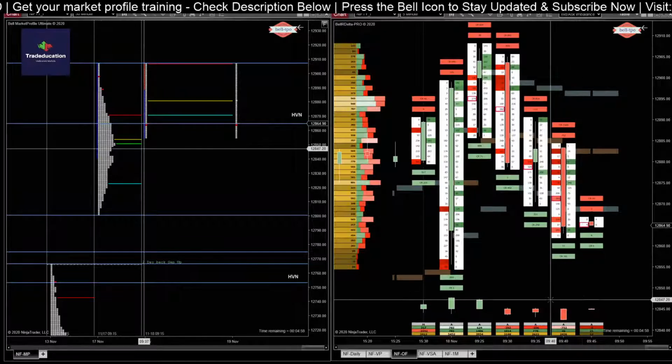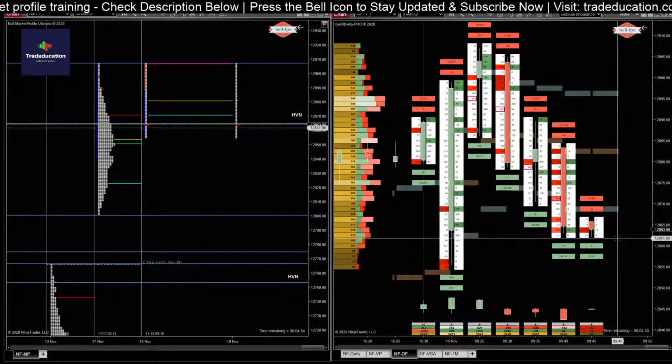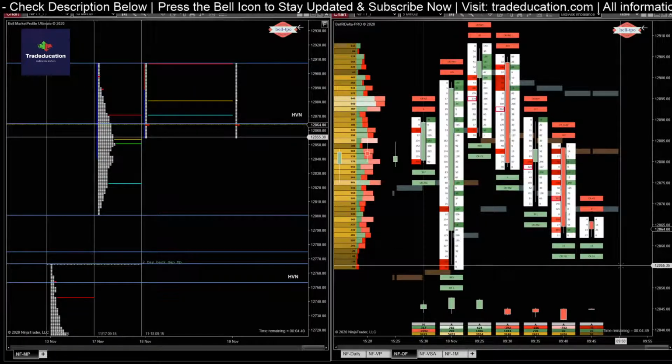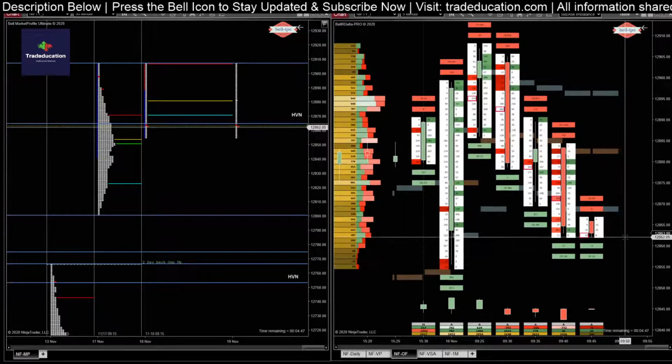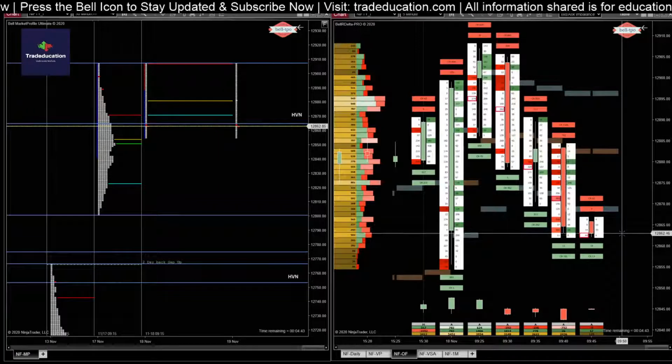Okay, so 2,400 contracts traded, sellers are stepping in again. Let this particular low get tagged. We are just chopping around the open, so this is today's open. We're just chopping around that.